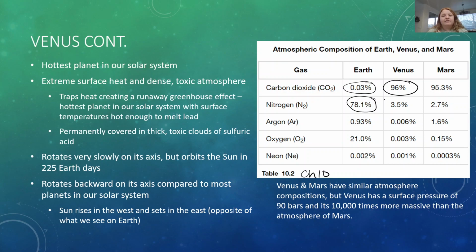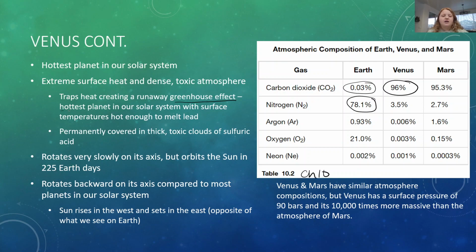And with that level of CO2, we get something that's called a greenhouse effect. What it does is it traps all of the heat that it's getting from the sun, and it just continuously gets hotter, right? So it traps the heat, creating a runaway greenhouse effect.